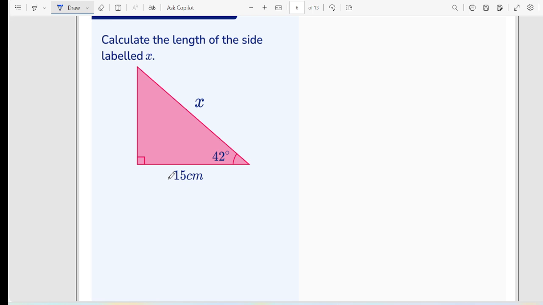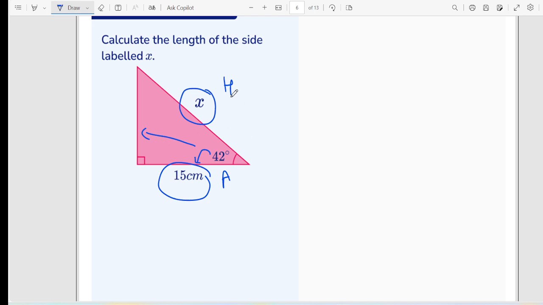The same kind of question is there. Again we have to check the side that we have to calculate and the side that is given. Obviously this is the hypotenuse, and according to this angle, this side is adjacent and this is opposite, right?